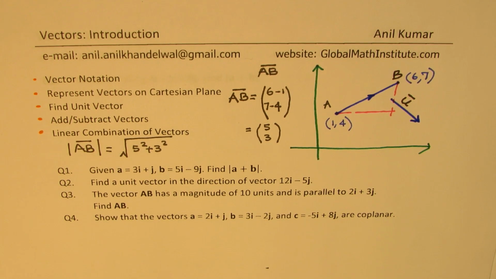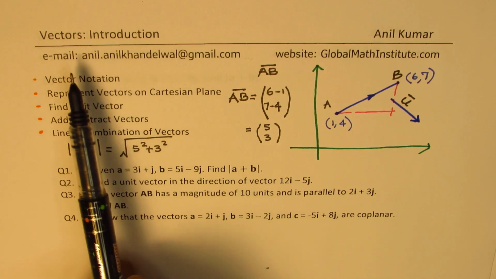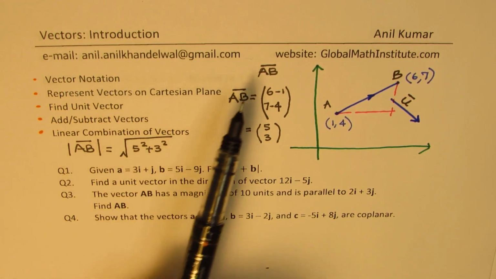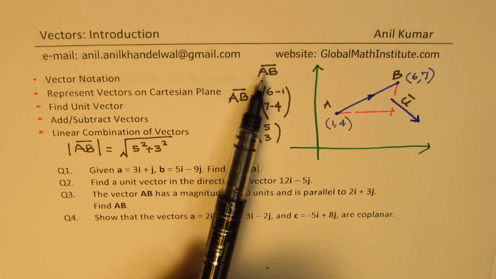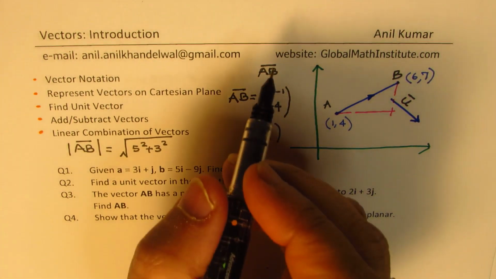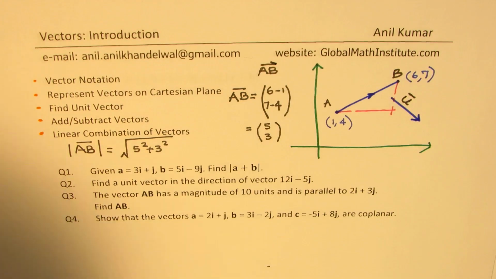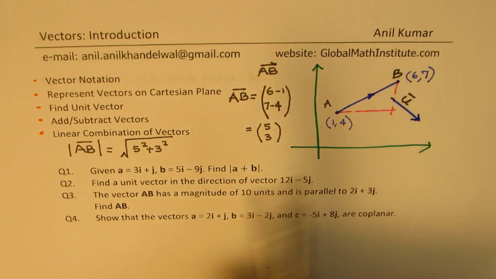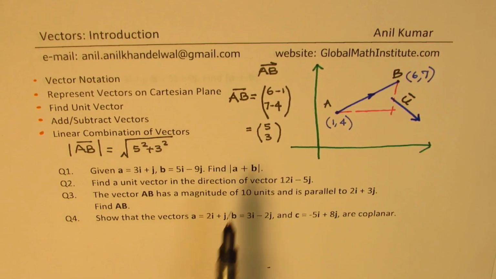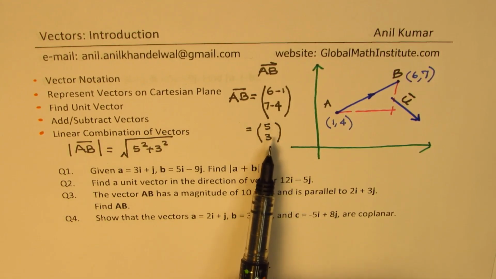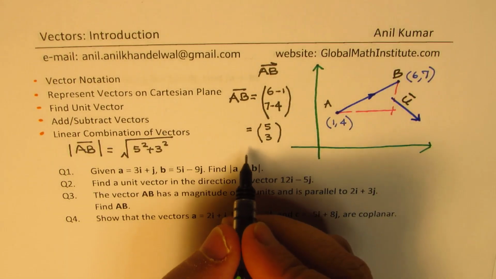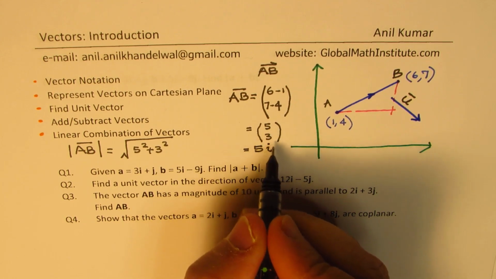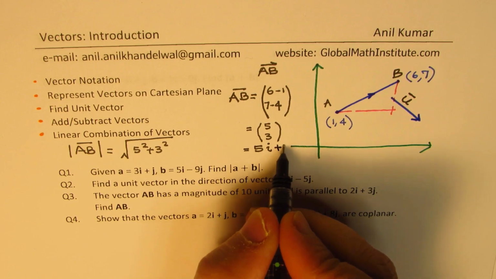Now different ways of representing vectors, we call it vector notation. So you could represent like this A to B, sometimes we put an arrow, but that is not necessary. Or we could write it lowercase letters as shown here. We could also represent them as a column, and this could also be written as 5i plus 3j, correct?